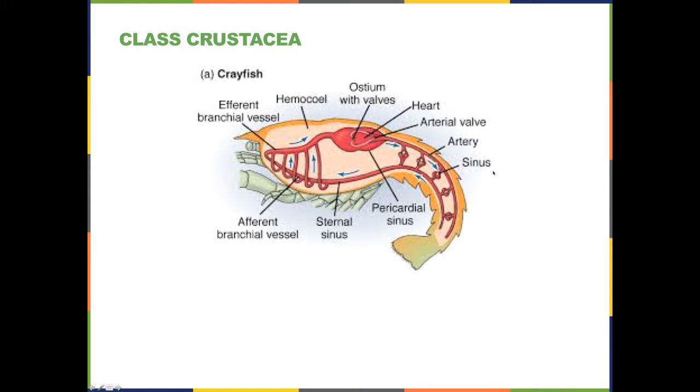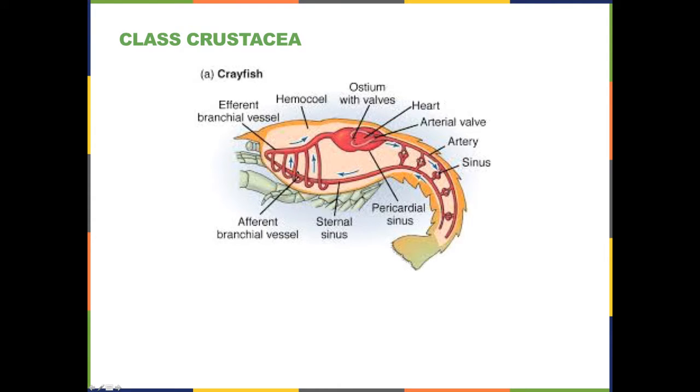Now, when you look at the circulatory system for the crustacea, as I said before, they have an open circulatory system. They also have a ventral dorsal arrangement of their circulatory system such that their heart is at the dorsal side. Their other blood vessel is on the ventral side.